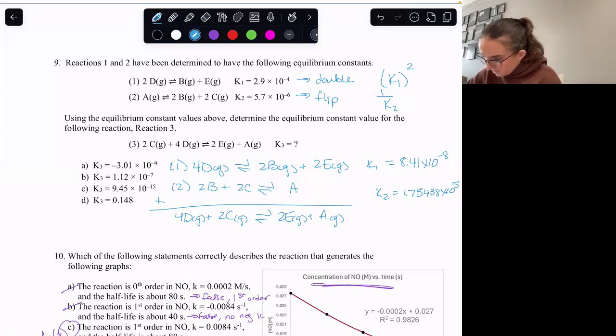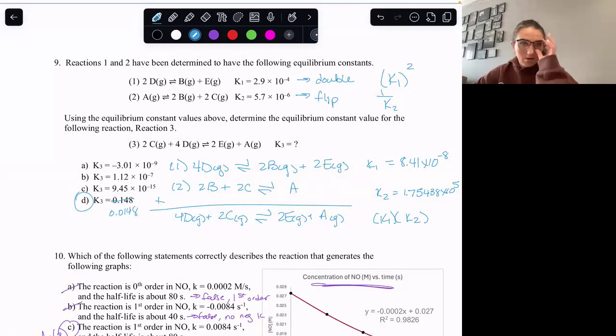Yep, we multiply, so we're going to take K1 times K2. So K3 is equal to 0.148. I think it's 0.0148. But you're going to take your manipulated Ks to get that one.